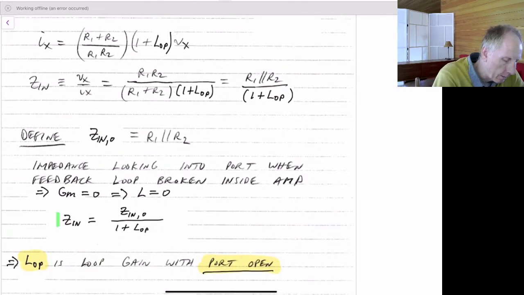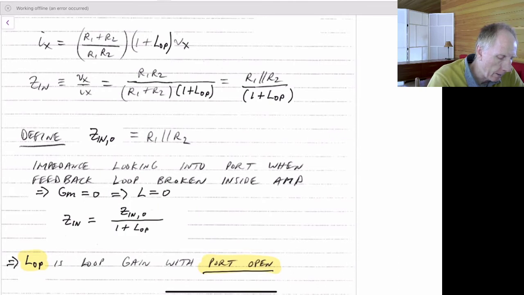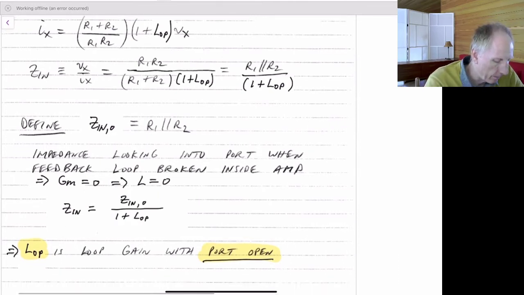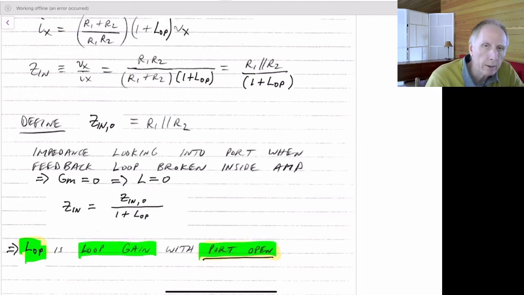So what we then can rewrite is that the actual impedance is equal to Zin comma 0 divided by 1 plus the loop gain when it's open circuited. And that's a general result then. And that's just to remind you that LOP by definition is the loop gain when the port is open.